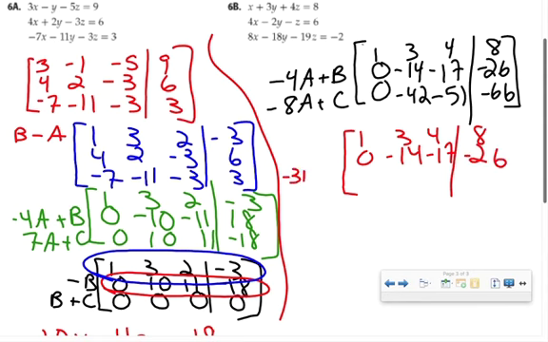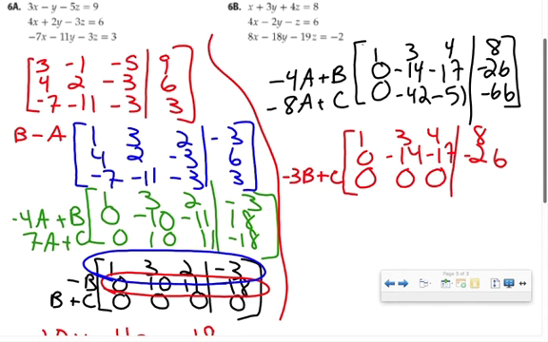So -3b plus c. -3 times 0 is 0, 0 plus 0 is 0. -3 times -14 is positive 42 plus -42 is 0. -3 times -17 is positive 51 plus -51 is 0.